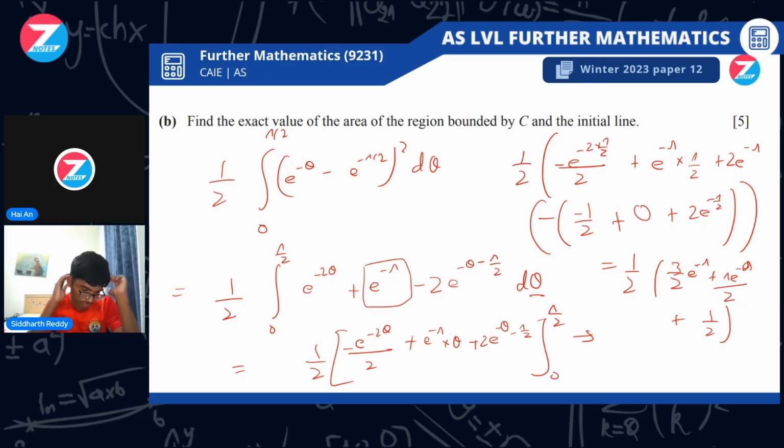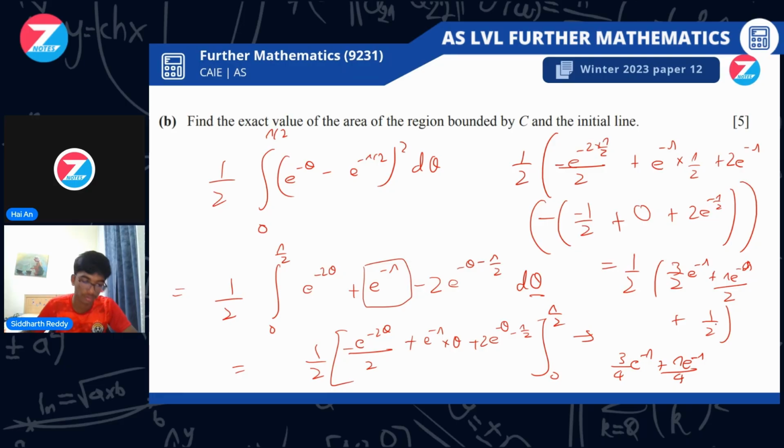Check. 3 by 4 e to the minus pi plus 1 by 4 pi e to the minus pi plus 1 by 2. Yeah, okay. So that's our answer. So write it neatly. It's going to be 3 by 4 e to the minus pi plus pi e to the minus pi by 4.